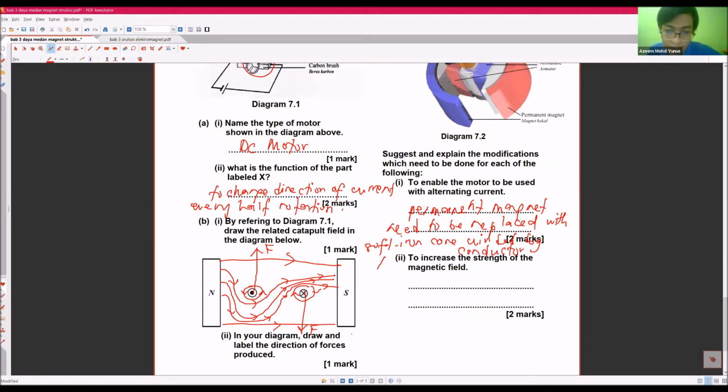Right here, so the field, the direction of the magnet will change at the same time as the direction of current.